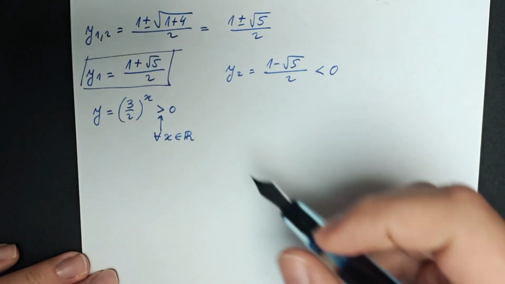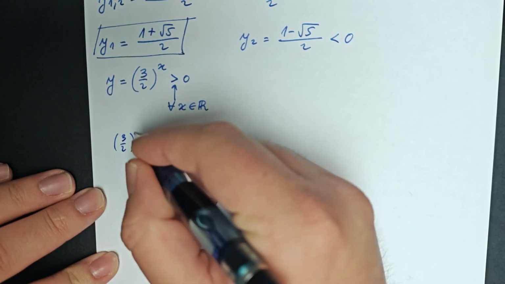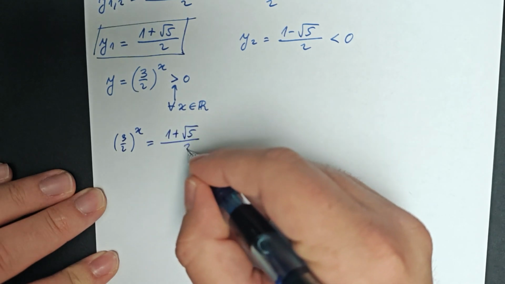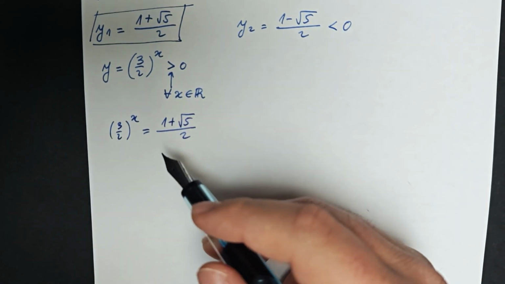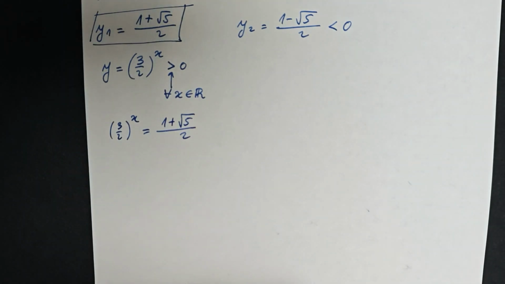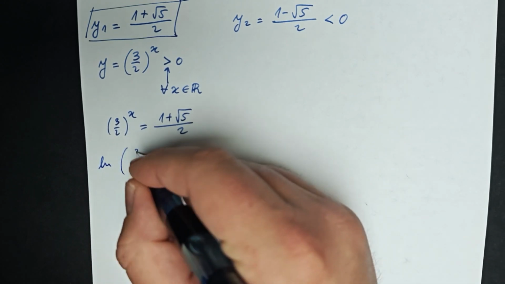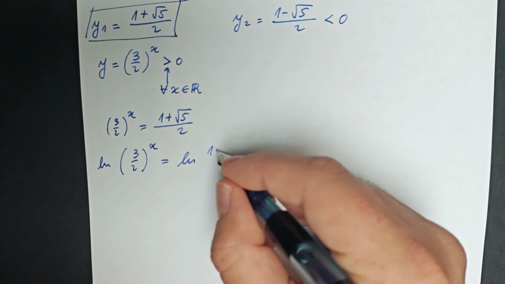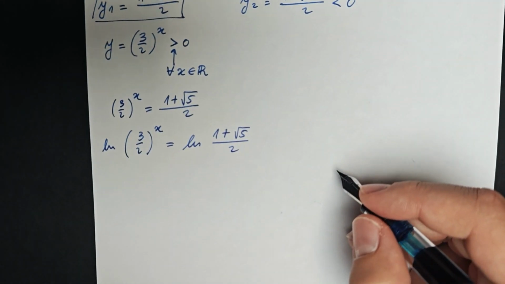So to solve this for x, we are just going to return the substitution. So 3 over 2 to the power x becomes 1 plus the square root of 5 over 2. We can solve for x in this equation simply by taking a natural log of the entire equation. So this is ln of 3 over 2 to the power x, equal to ln of 1 plus the square root of 5 divided by 2.